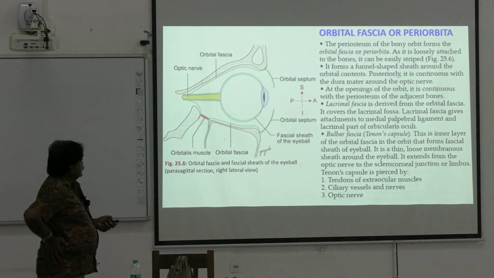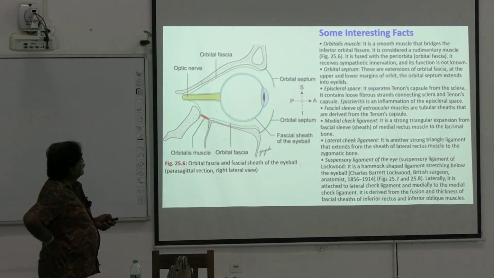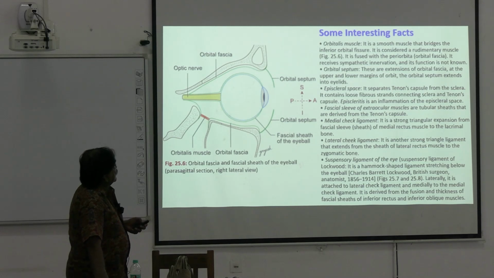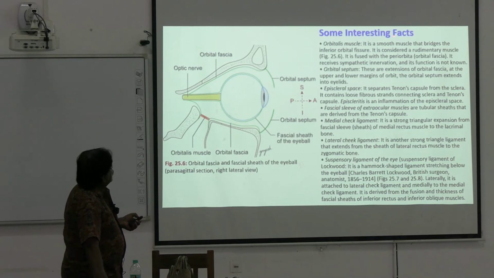Okay. Now, some interesting facts. The orbital muscle is a smooth muscle that bridges the inferior orbital fissure, and it is considered a rudimentary muscle. It is fused with the periorbita, orbital fascia. It receives sympathetic innervation and its function is not known.